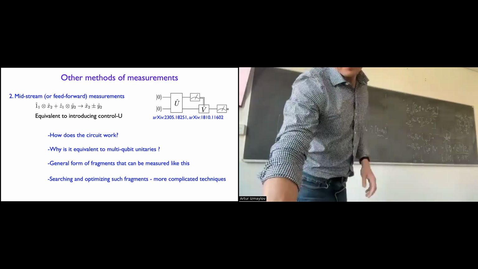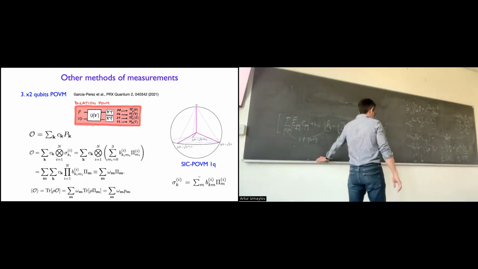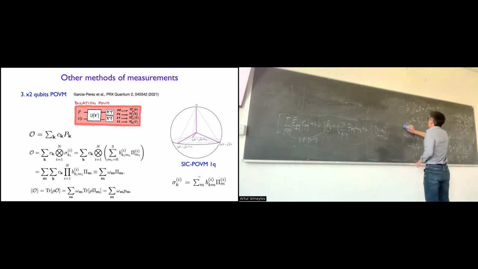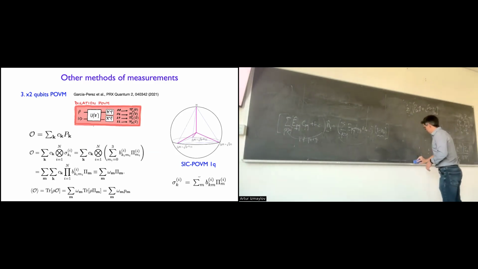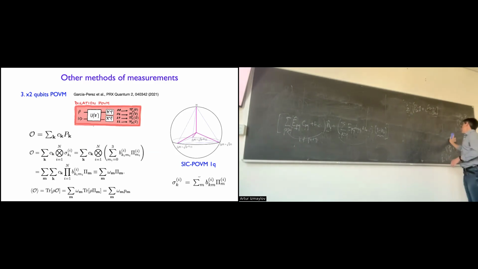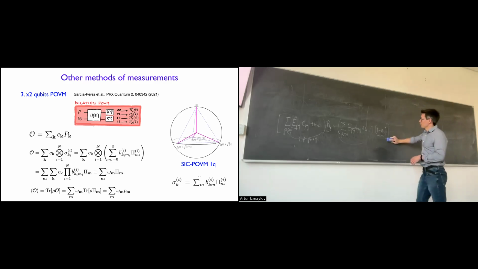All right, let's continue. This is the work that some of you may have seen. It uses a different kind of measurement called POVM measurements, which stands for positive operator valued measurement. What we've been talking about so far were the normal projective measurements, and POVM is a generalization of that.